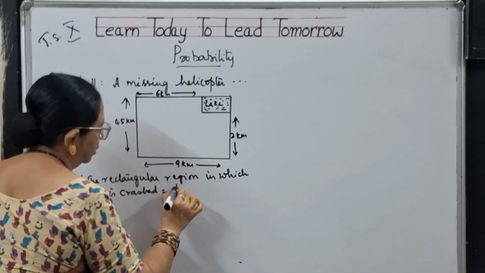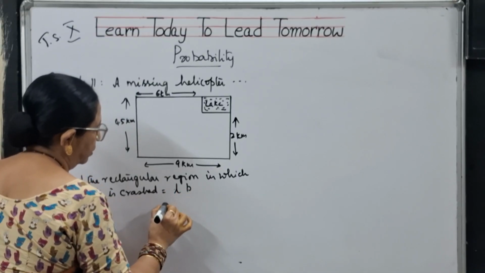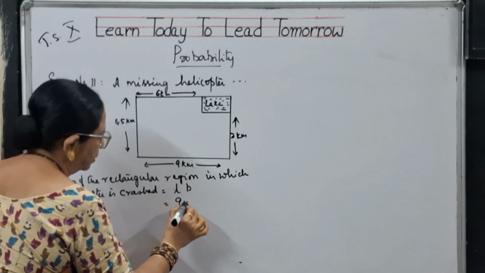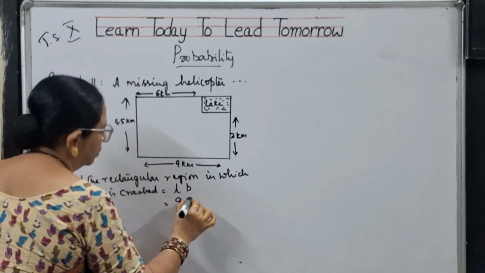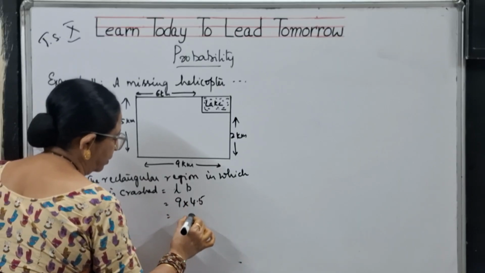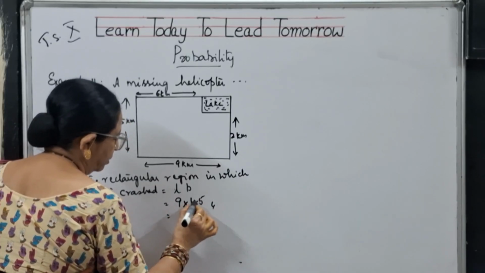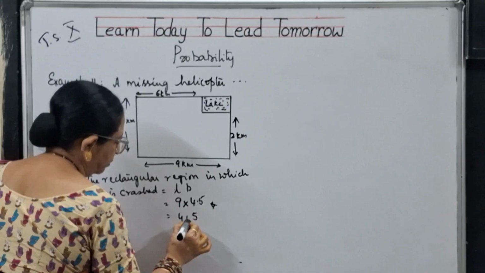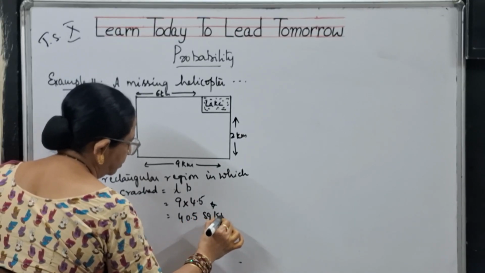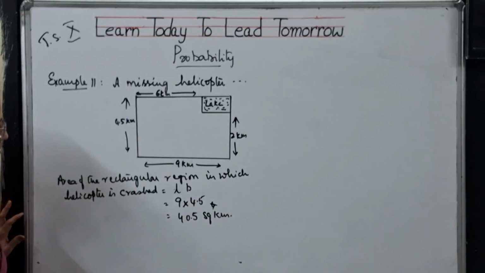It is nothing but L into B. What is L? Length is 9 and breadth is 4.5. That is 9 5s are 45, 9 4s are 36, plus 4 is 40. So 40.5 square kilometers is the area of the rectangular region.